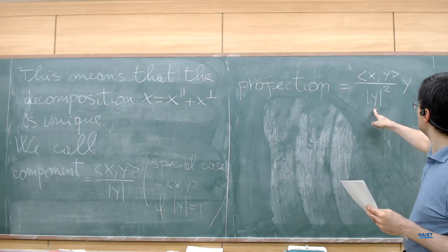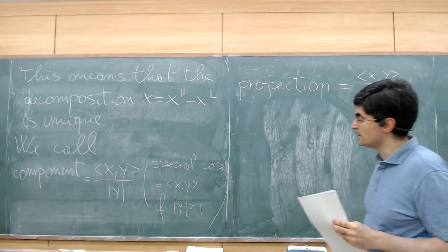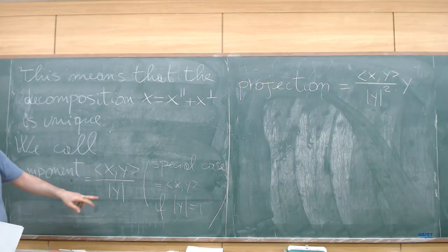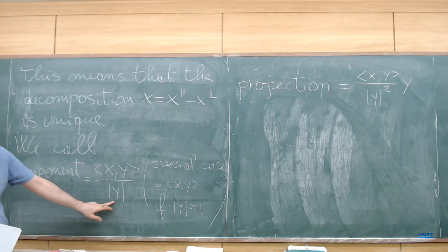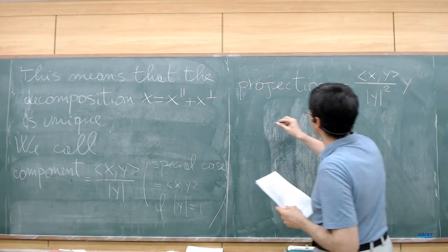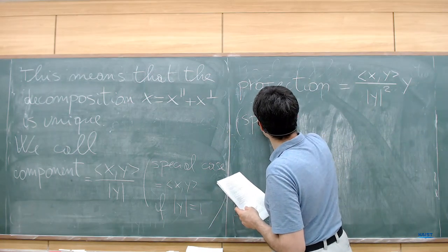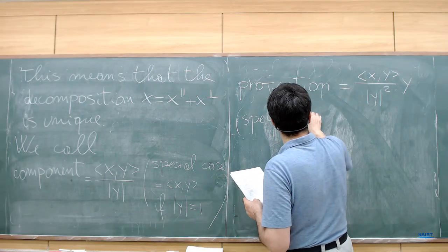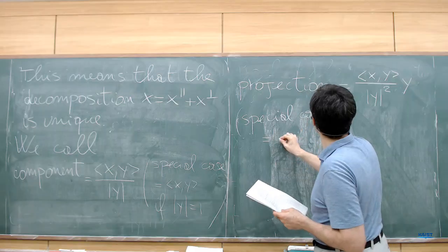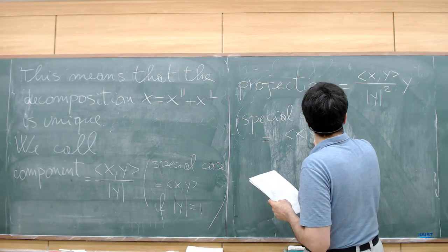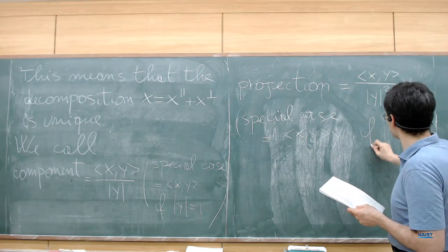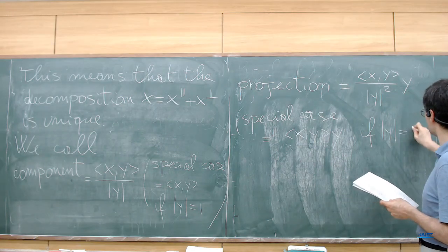How do you get this one? You just need to multiply the component by y over its length, and you will get the projection. Also, in this case, there is a special case. This is equal to the inner product of x and y times y if the length of y is 1.